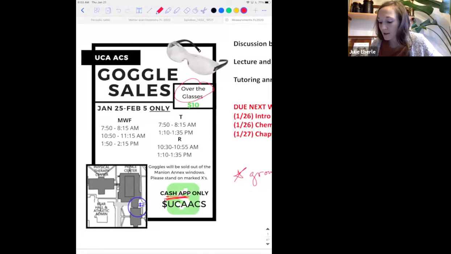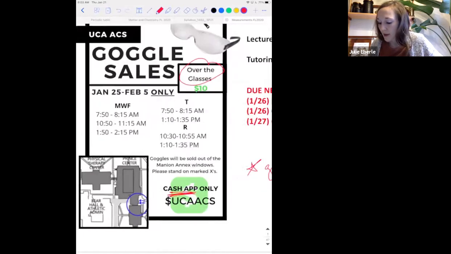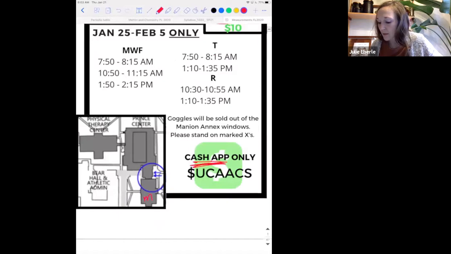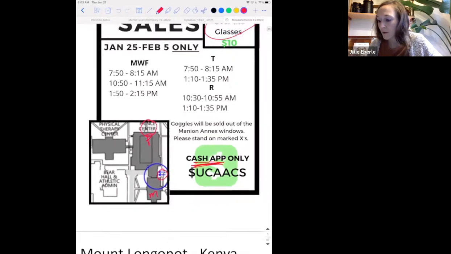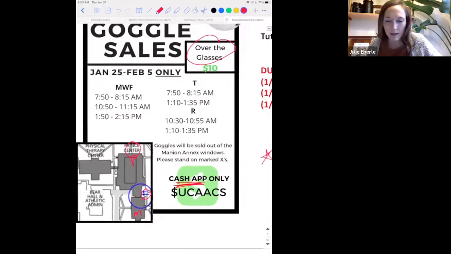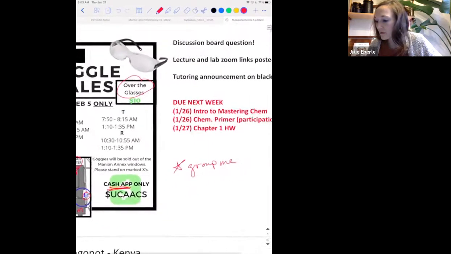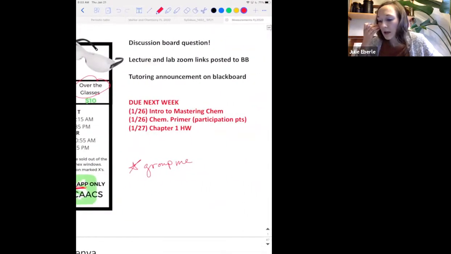The place is down here on this map. This is Mannion Hall right here, and this is the Print Center. It's right here where these arrows are, in the annex, which connects the Print Center to Mannion Hall. The ones at Lowe's, by the way, were $10 as well, so not really a price difference. Make sure you have those.